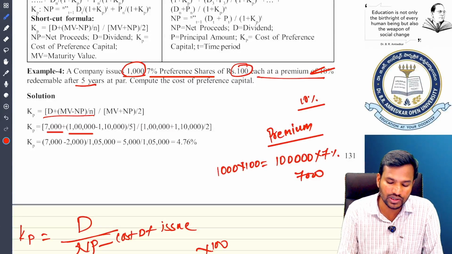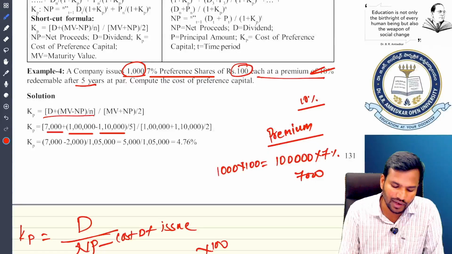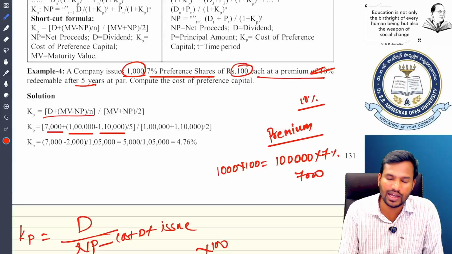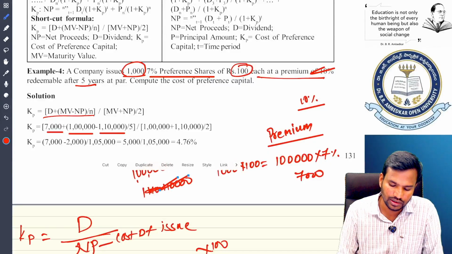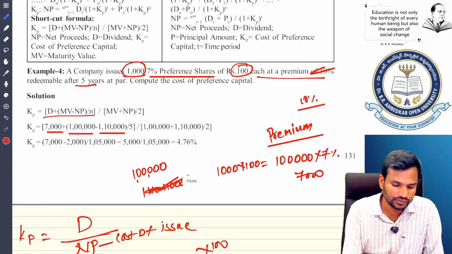But we are issuing at a premium, right? Actual value is 1 lakh, but how much are we receiving? Actually 1 lakh worth of preference shares we are issuing, but we are receiving 1 lakh 10,000.